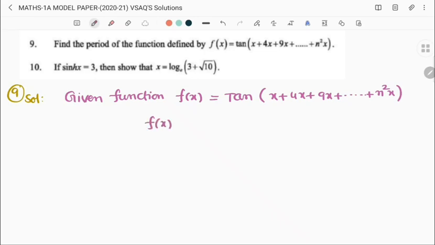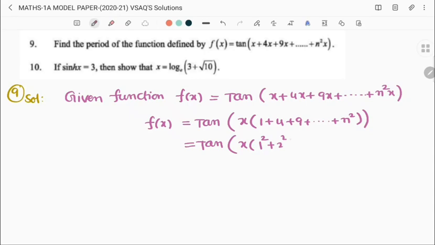So f of x is equal to tan of x, take common, 1 plus 4 plus 9 plus and so on plus n square, which is equal to tan of x into 1 square plus 4 can be written as 2 square, 9 can be written as 3 square, plus and so on plus n square.